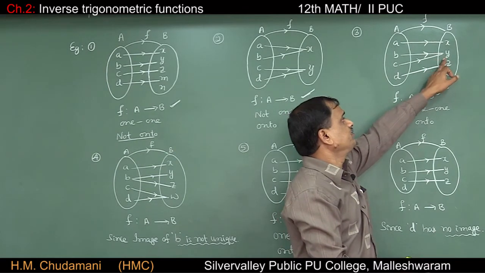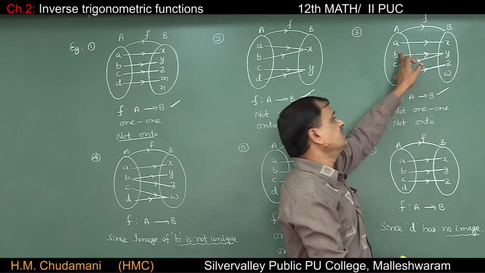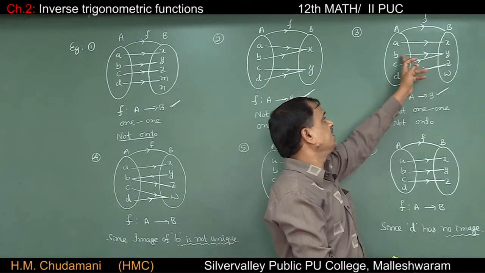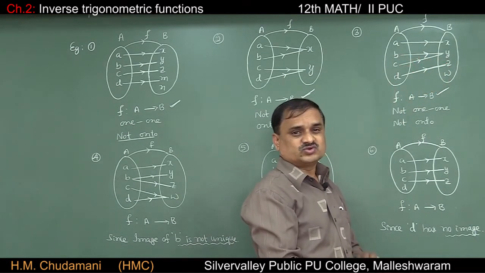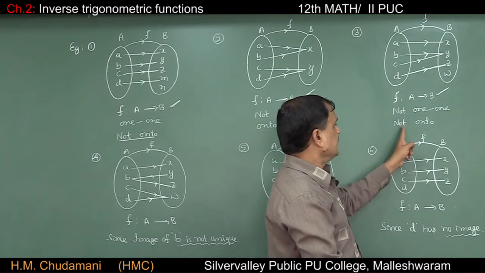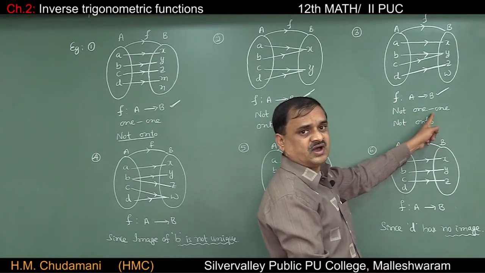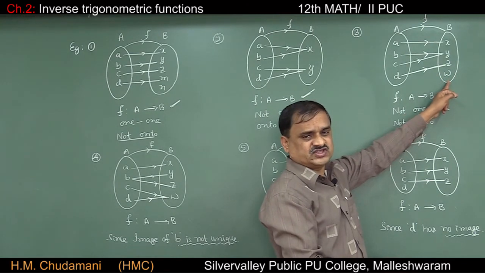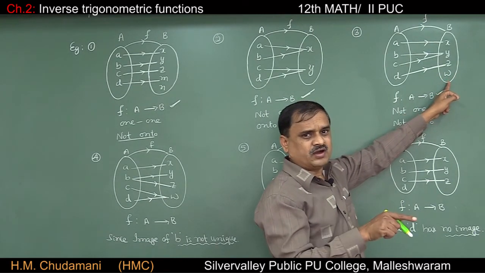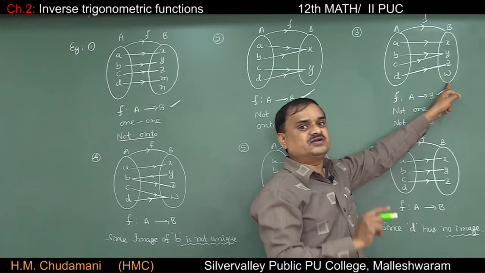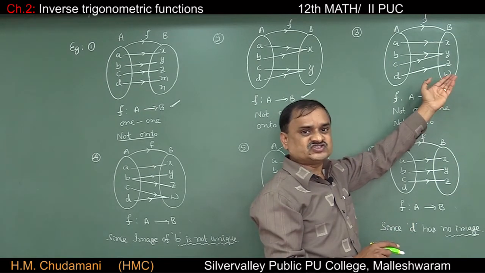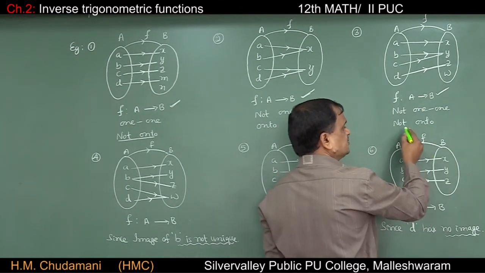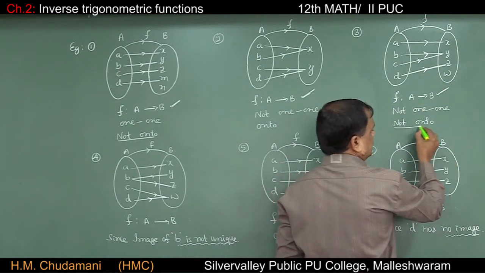Pre-image, inverse of y is b and c. So two different, so it is not one-one, and w is left out in the set B. If it is to be onto, every element of the set B should have some pre-image. So w has no pre-image. That's why it is not onto.